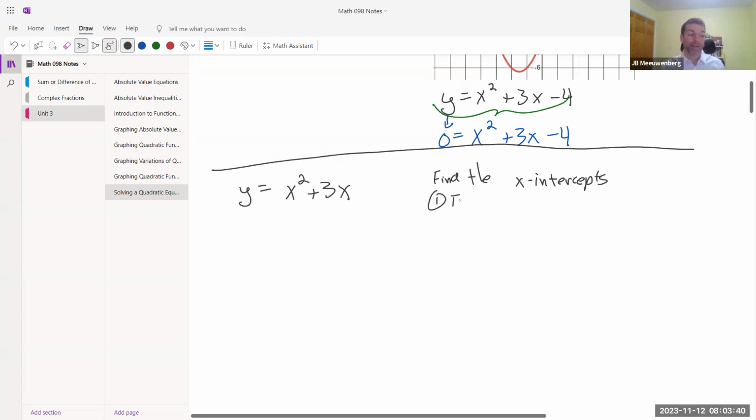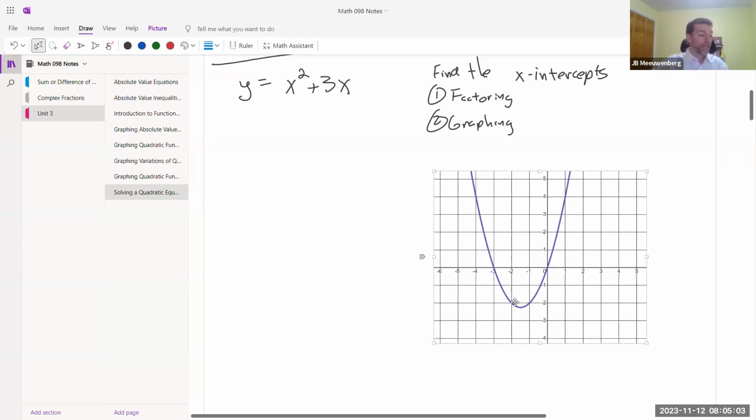One, by factoring: set it equal to 0 and factor. And two, by graphing it. So we're doing a little bit of combining past ideas and combining new ideas and merging them and seeing how they are connected. All right. So go ahead and pause and see if you can do that for now.